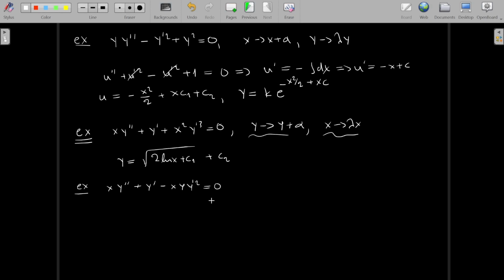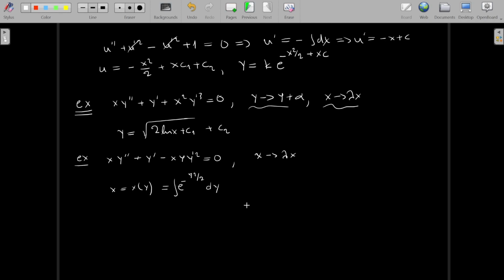This only has one symmetry, which is x to lambda x, the scaling of x, and its solution with respect to y as the independent variable is e to the minus the integral of e to the minus y squared over 2 dy. And this is a non-trivial integral, so no need to solve it.